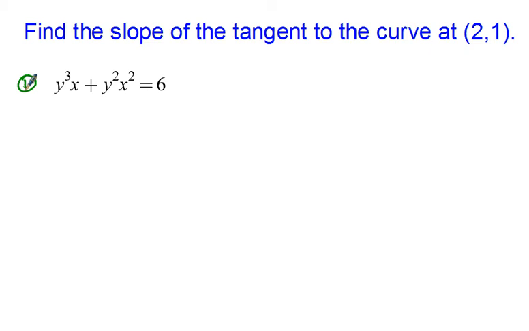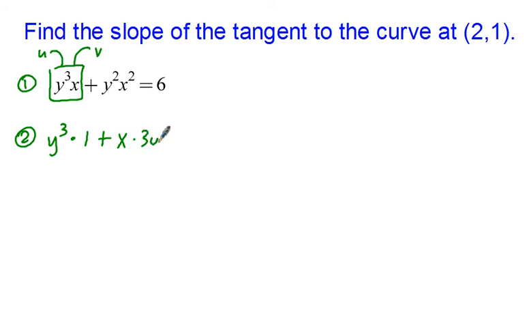Okay, so we're going to take the derivative of both sides with respect to x, and so we'll just do that term by term. So I'm thinking of this as u and this as v, and I'll write u dv plus v du. Notice I'm using the chain rule right there.